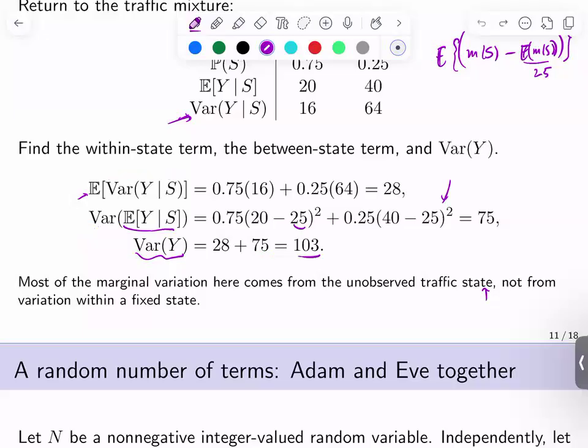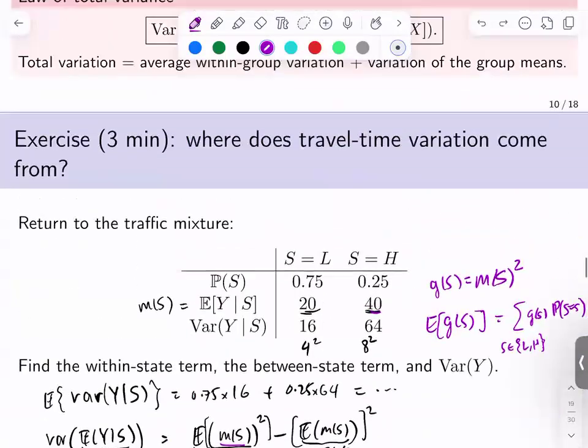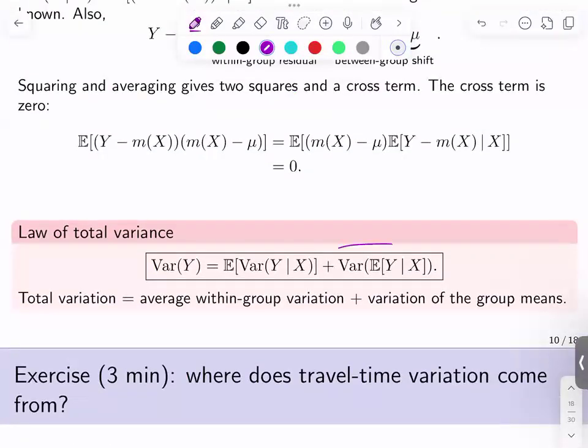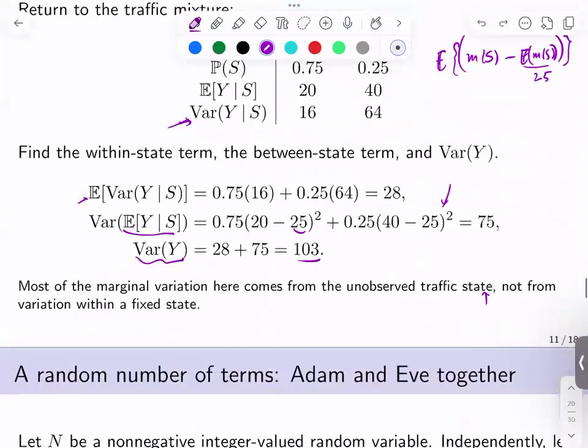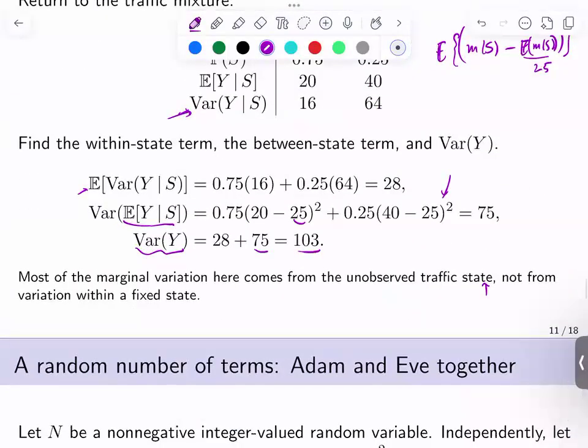The fact that states vary, it's interesting, you can see the decomposition, which of the two is contributing more. In this case, this term is larger. So this is saying that the fact that I don't know S, the variability in S, is more severe in this case.